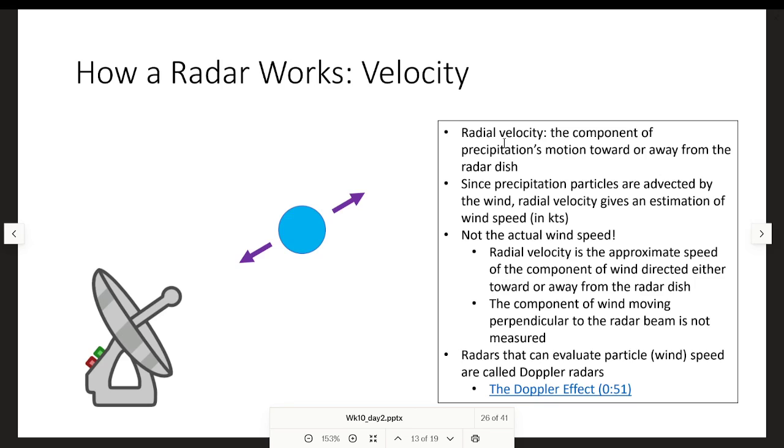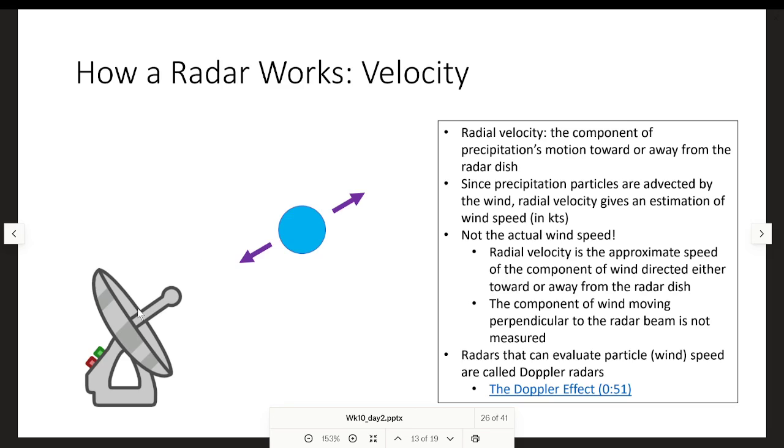Since precipitation particles are advected by the wind, the radial velocity gives an estimation of wind speed in knots. It's not the actual wind speed, so radial velocity is the approximate wind speed of the component of wind directed either toward or away from the radar dish. You can have components of wind moving in a different direction from the radar dish, and the radar can't really calculate that.